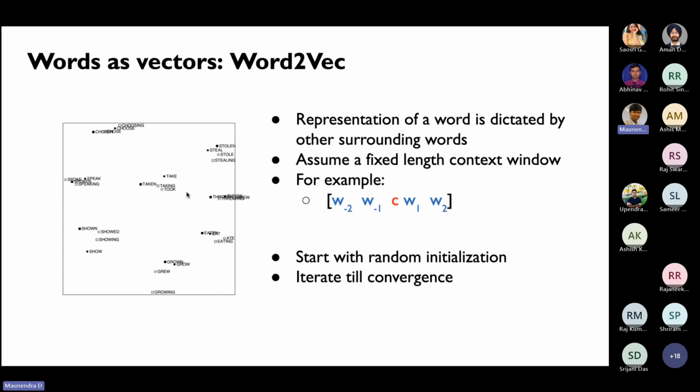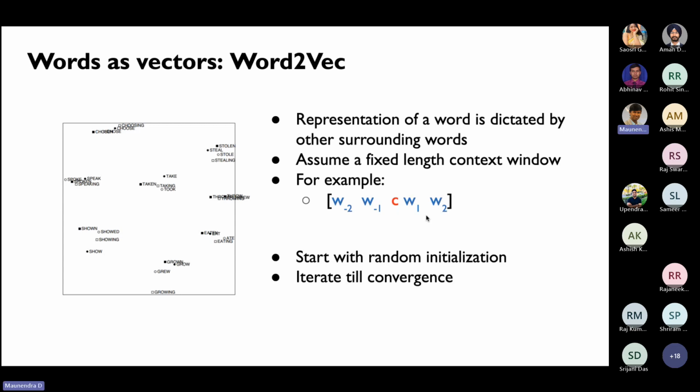So their assumption is that the representation of a word is dictated by other surrounding words. So here we assume a fixed length context window. Suppose we have a window of 5 words where C is the central word that we are interested in, and there are 2 words after it, 2 words before it. So the idea is that for each word which is appearing in the collection, we will have a vector representation, and at the very beginning we just initialize it randomly.